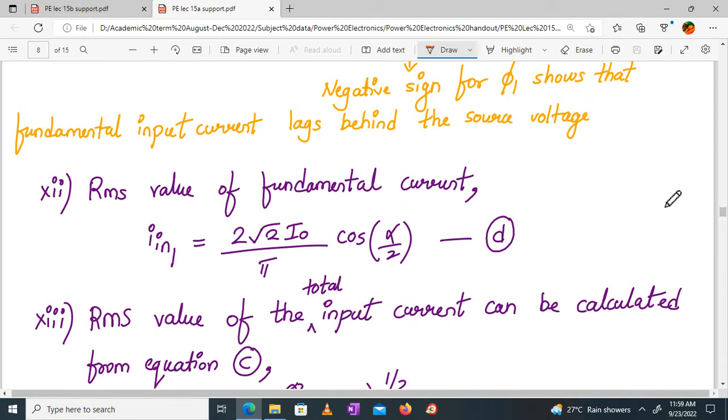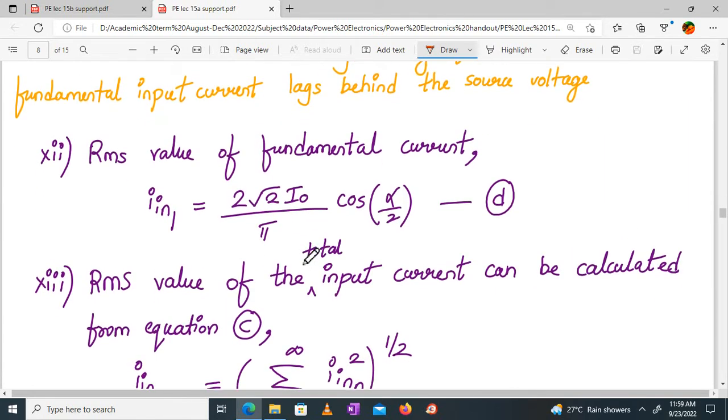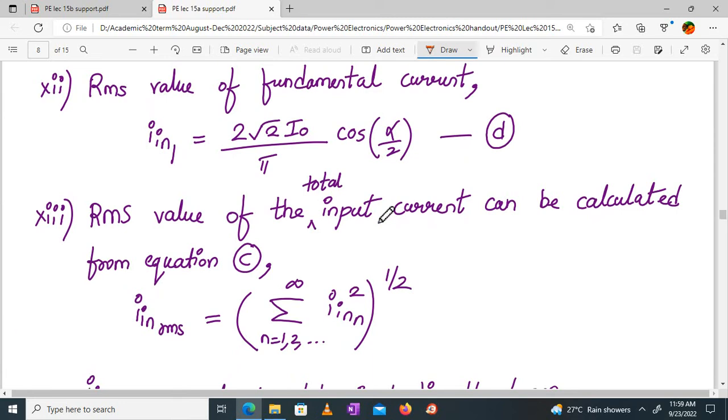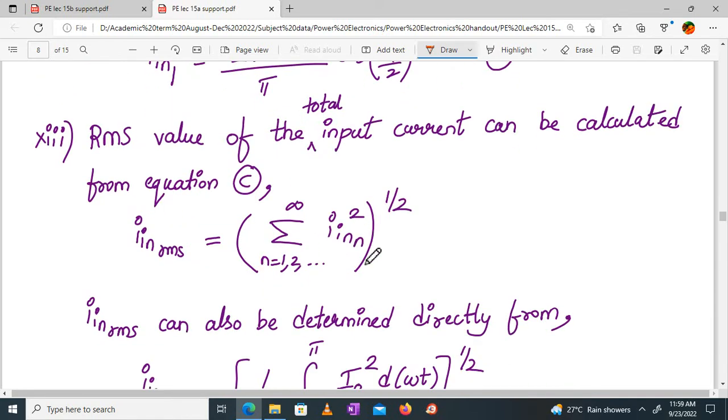Now the RMS value of the fundamental current. We wrote this earlier, In of 1, it is the same. Next, the RMS value of the total input current. With all the harmonics combined, we have to determine it like this.